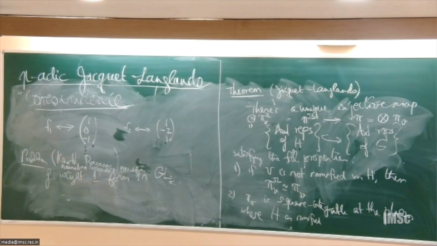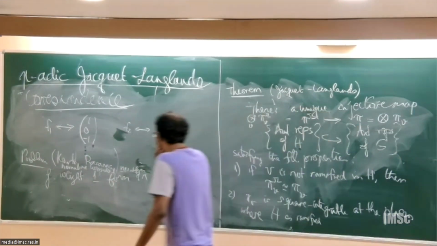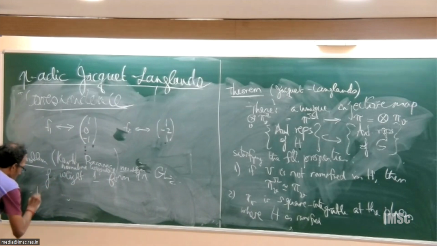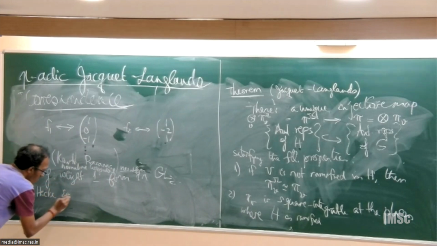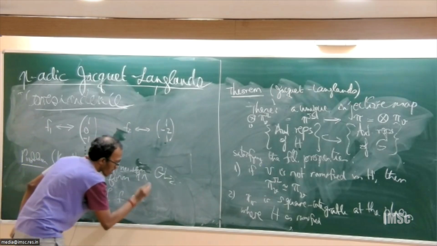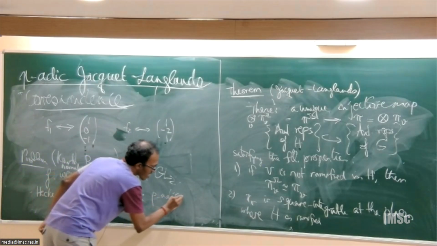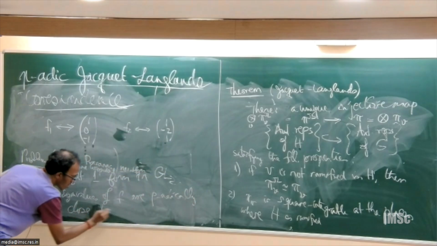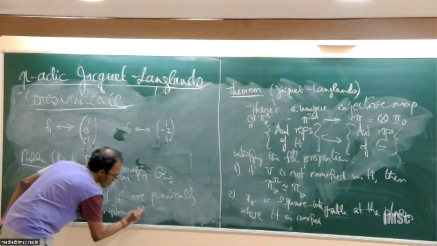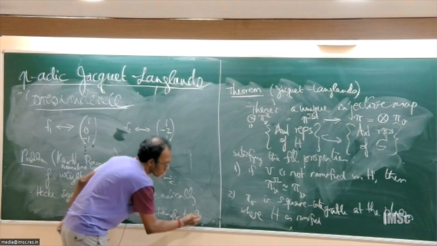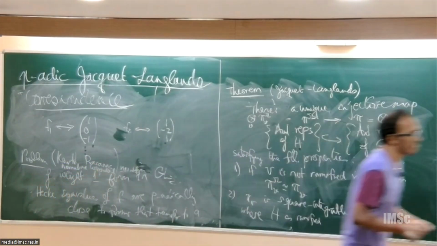So here is the problem. The Hecke eigenvalues of f are p-adically close to forms that transfer to D cross, that transfer to a quaternion algebra ramified at infinity.